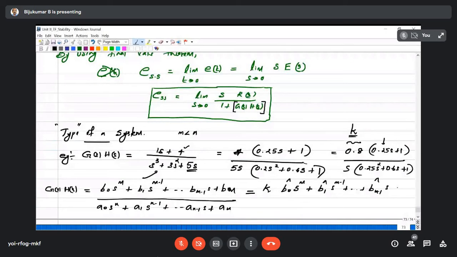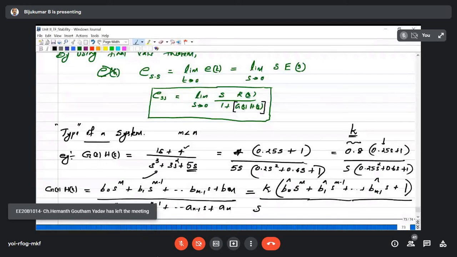It becomes 1, right? And similarly, how can we write the denominator? So in the denominator there will be s power n. It depends upon the order of the system, right? s raised to n, and the coefficients also will change. Instead of a naught, I can write a naught cap, and whether it will become s raised to n, no, right?